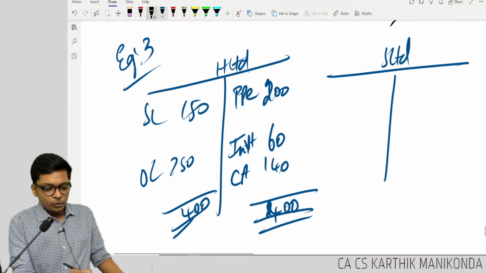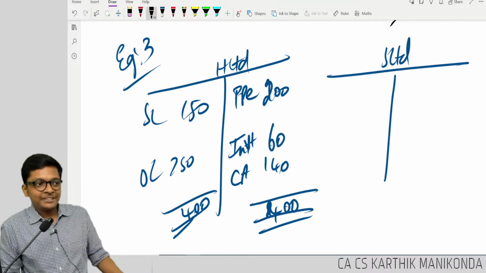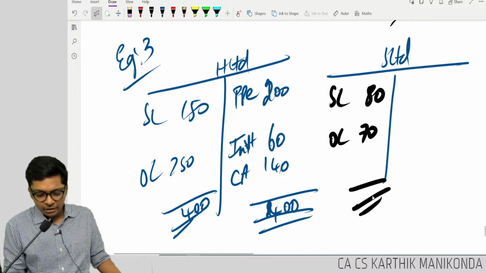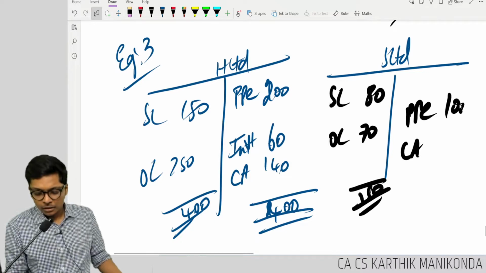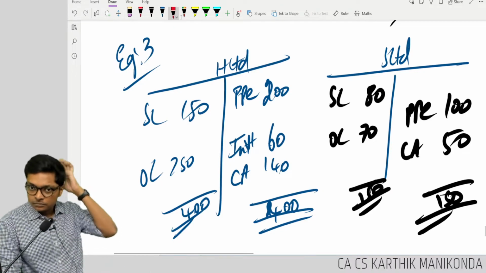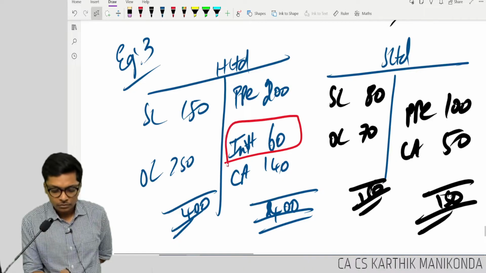Looking at the books of subsidiary, share capital same 80, other liabilities 70, 140, 150, PP was how much, guys? 100. Same values, no change. What is the only change I did?